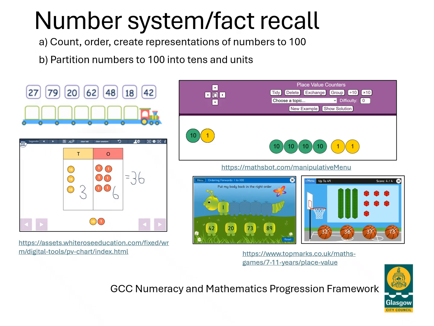And to do that, we're using concrete materials or their digital equivalents, as shown in the screenshots there, in order to model that. So exercises like the little train there, which is asking pupils to order 2-digit numbers, or the Top Marks Caterpillar game, which is very similar.